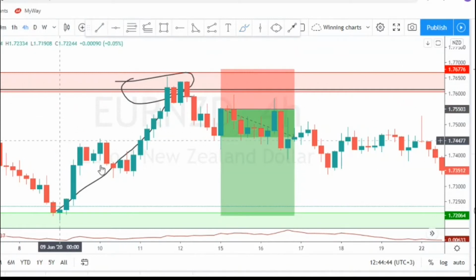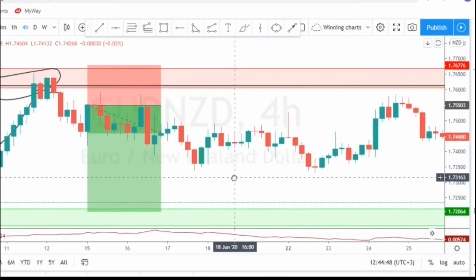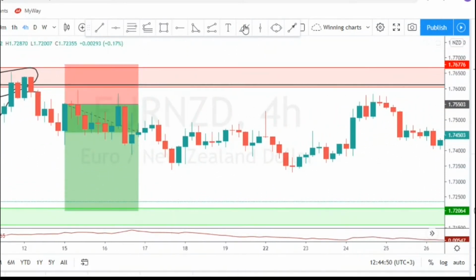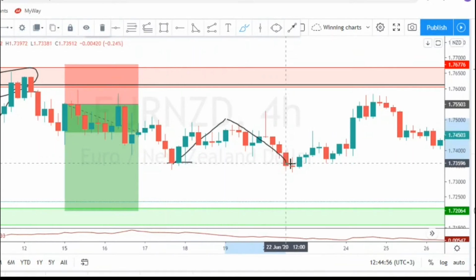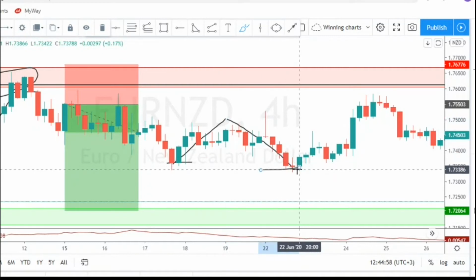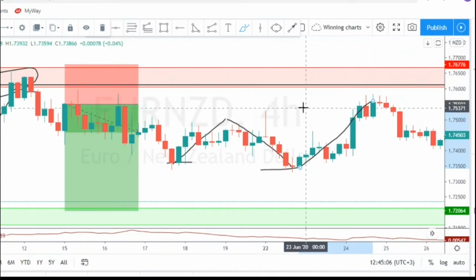And what happened? It requires a lot of patience, as the market came to this side, went back up, retested this side again, went up here. At this point, if you don't have the patience and the discipline, you would have just closed your position at the break even here.